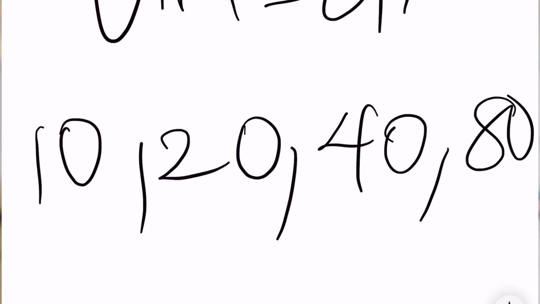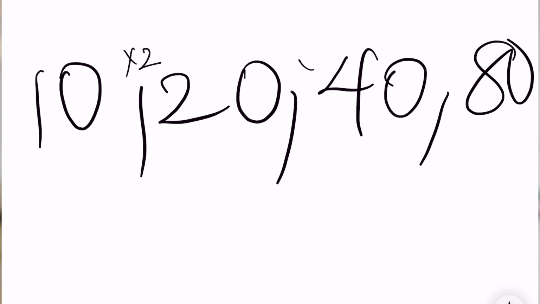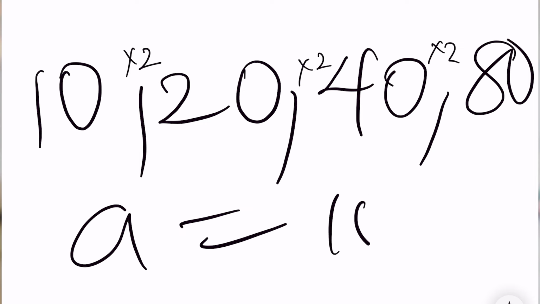We are multiplying, which is 10 times 2 times 2 times 2, so our common ratio is 2. We have our A to be 10 and our common ratio to be 2.